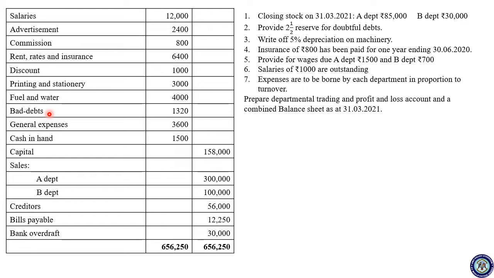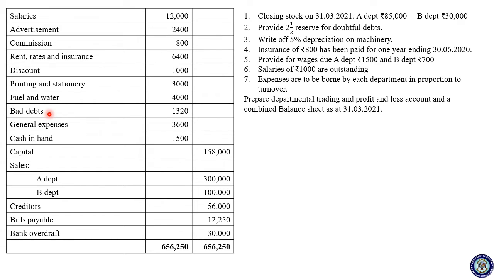Last time we followed one format, right? Bad debts, add provision for doubtful debts or reserve for bad debts or reserve for doubtful debts, less old provision. So listen, if the bad debt comes with a provision, you have to follow that format. But if the bad debt is given in the trial balance, only one entry you have to pass.